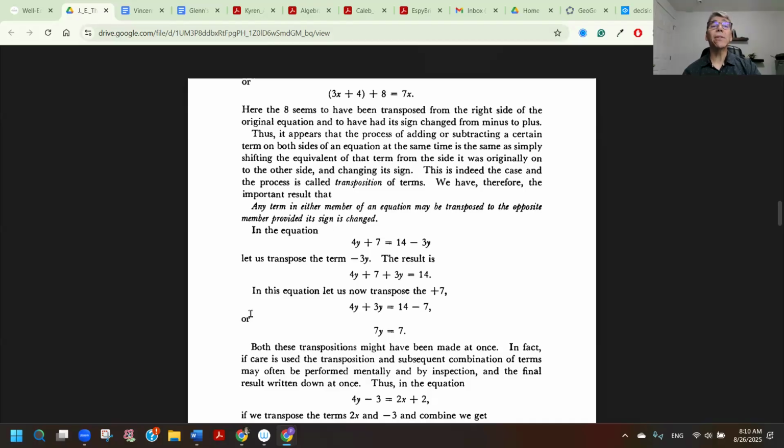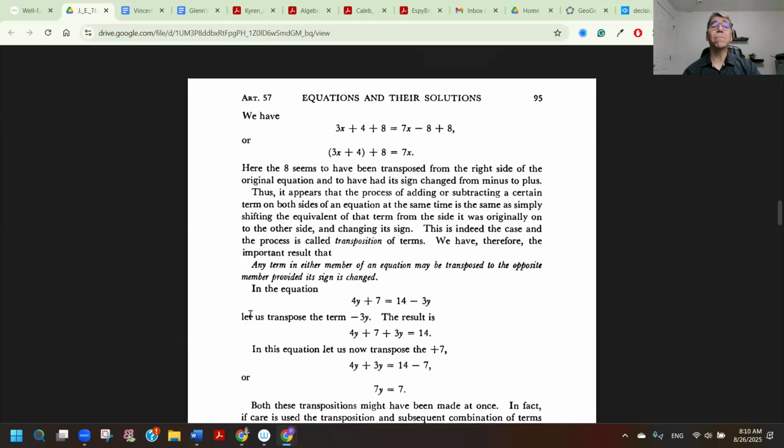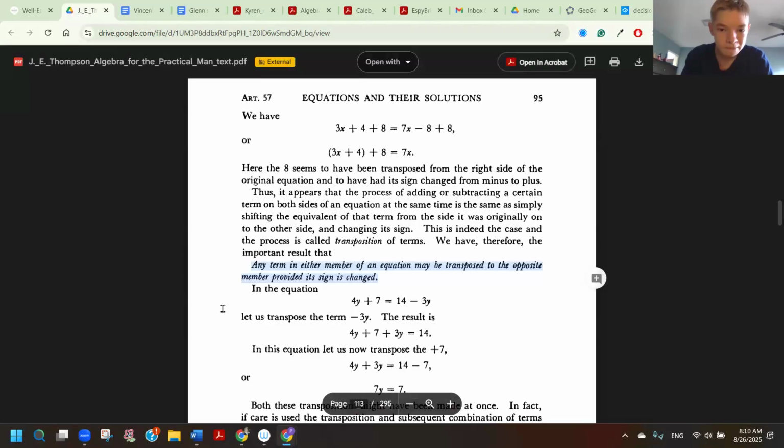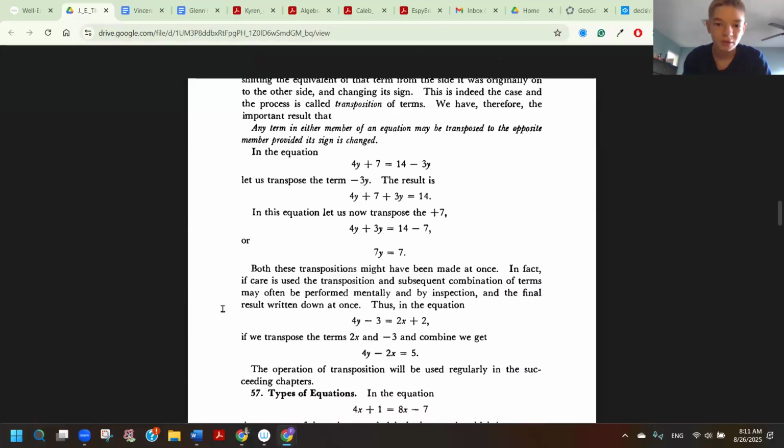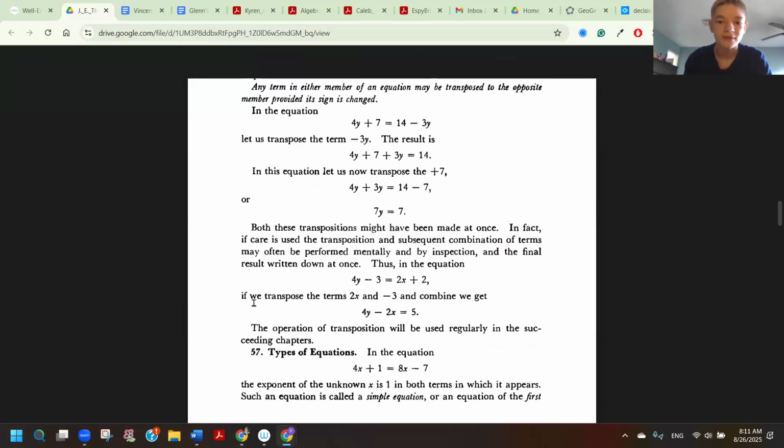So which part is it here that we are talking about? It was down where it talks about the 4y plus 7 equals 14 minus 3y, and then it switches the 3y to the opposite side.